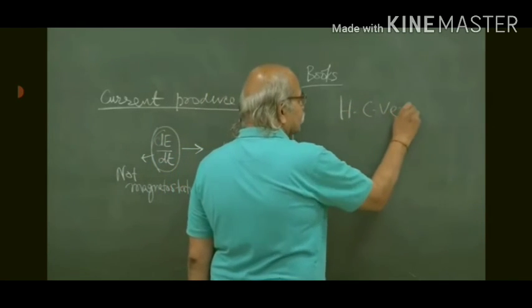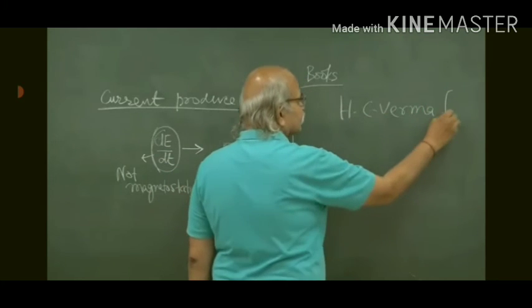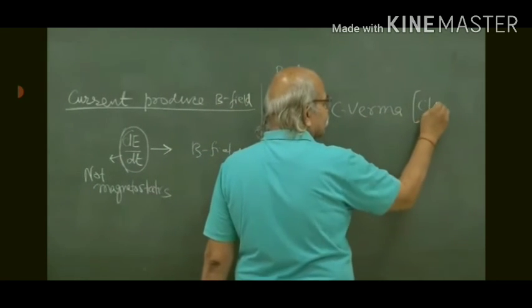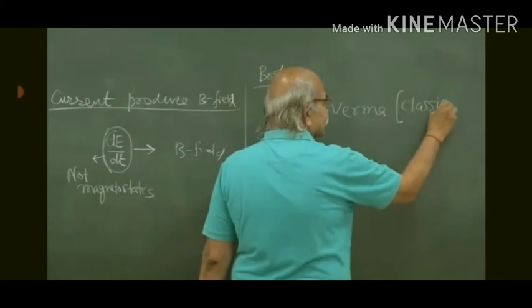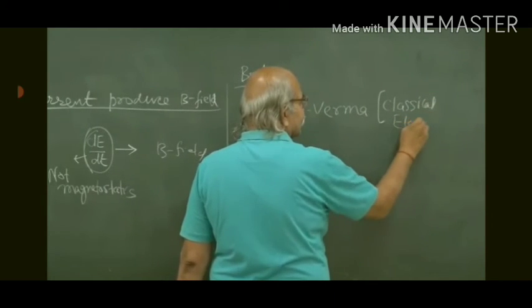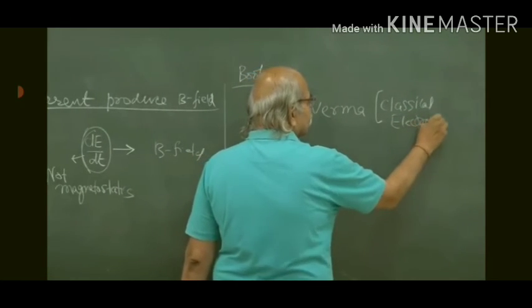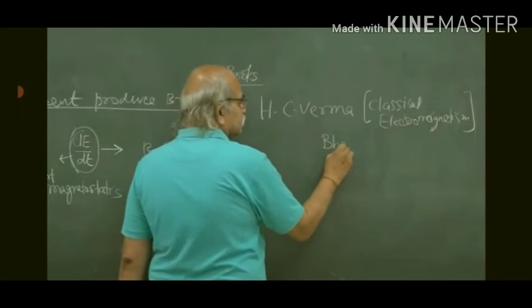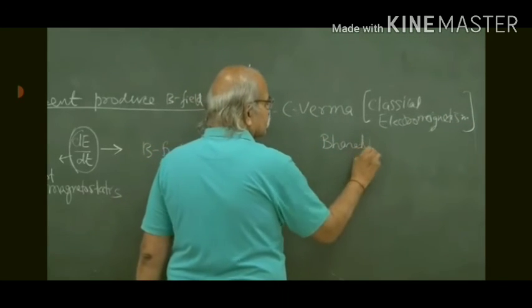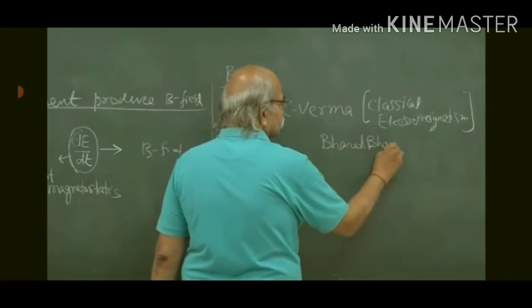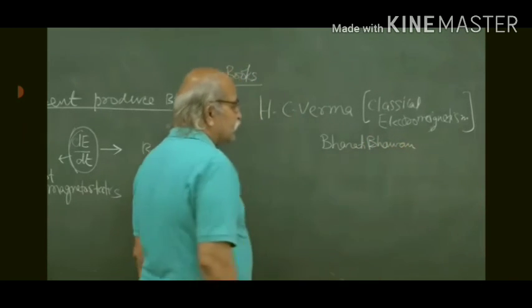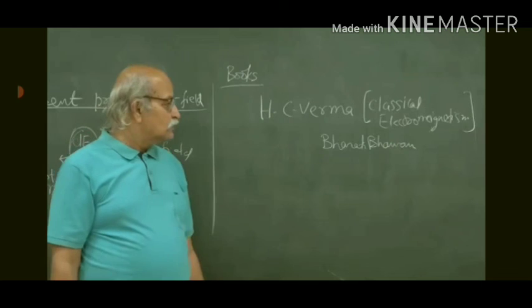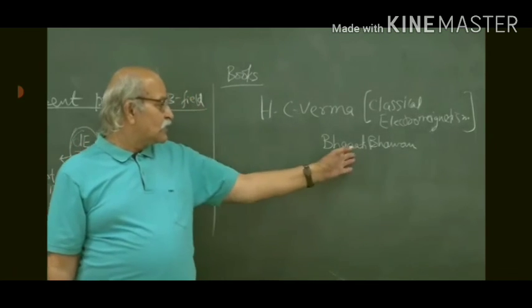So, I will only name the authors, and let me name the book also in this case, Classical Electromagnetism, published by Bharati Bhavan. You can get this book from your booksellers or from the website of Bharati Bhavan.